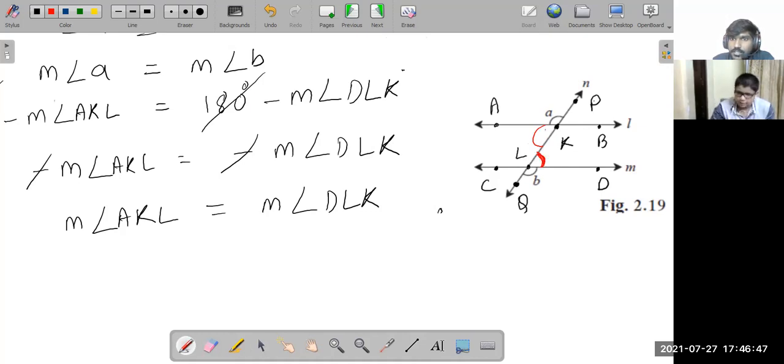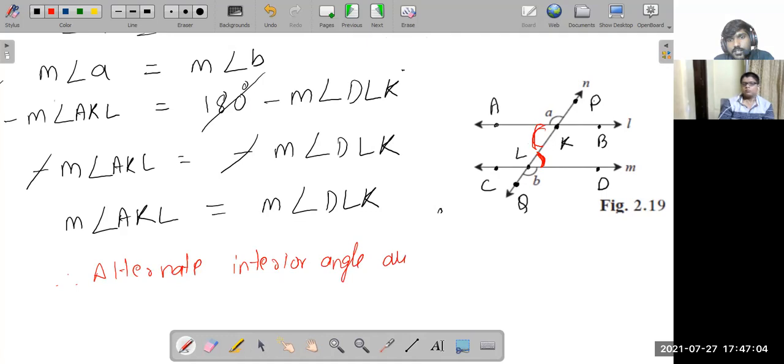So what are these two? Yes, therefore alternate interior angles are congruent.